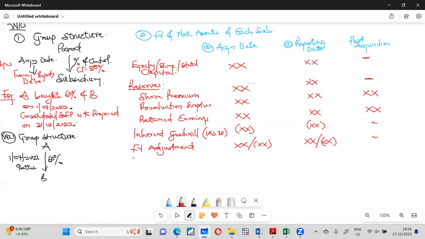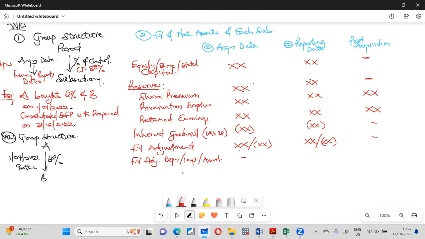Now, every adjustment has subsequent measurement. What brings it to the subsequent measurement can be fair value adjustment depreciation, or fair value adjustment impairment, or fair value adjustment amortization, whichever one it is. It always affects the subsequent measurement.